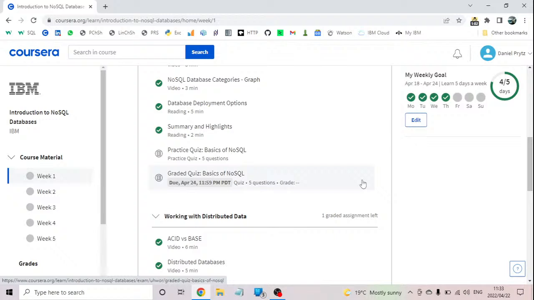So in general, NoSQL, except for graph, is flexible. I wouldn't say graph is flexible, right? Versus relational, which obviously isn't as flexible.